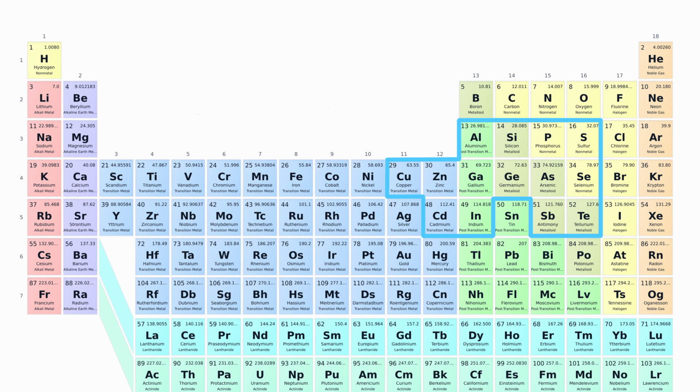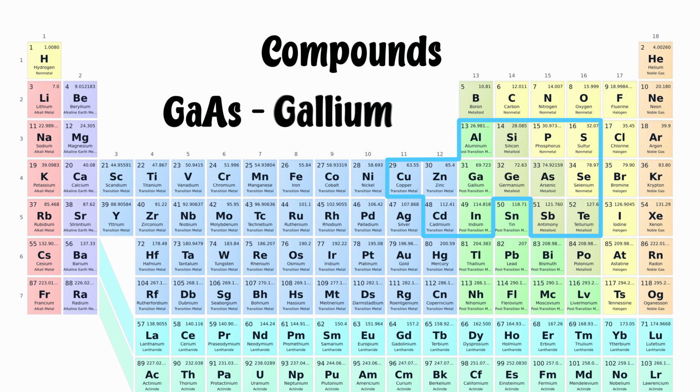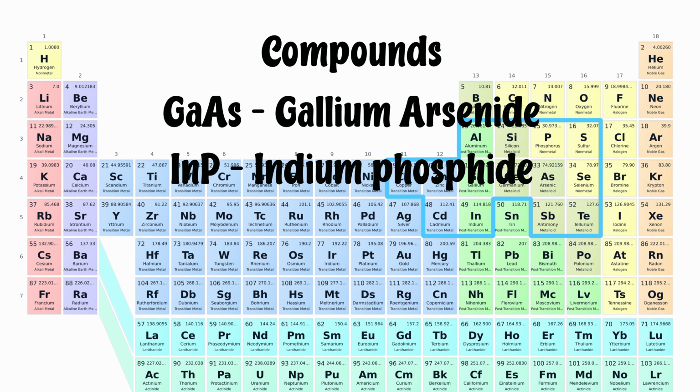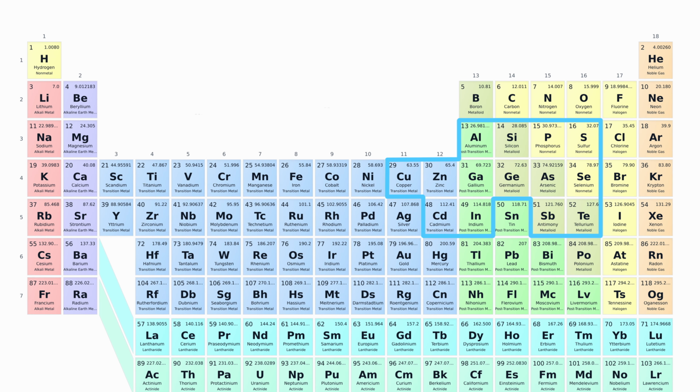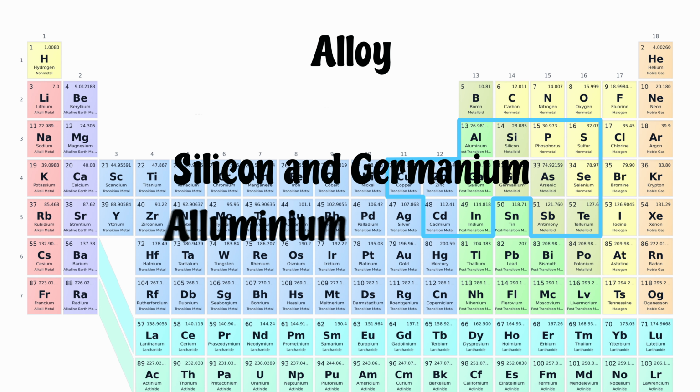Or a semiconductor can be a compound made of two elements such as gallium arsenide, indium phosphide, or cadmium telluride. It can also be an alloy, for example, an alloy made of silicon and germanium, or aluminum and gallium.